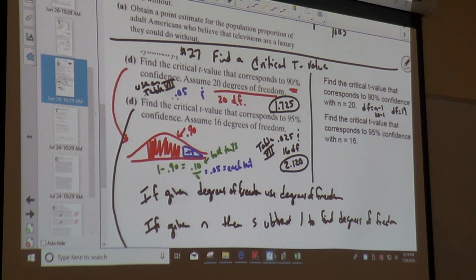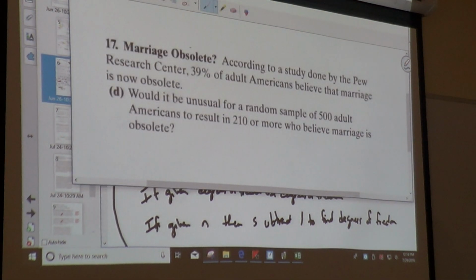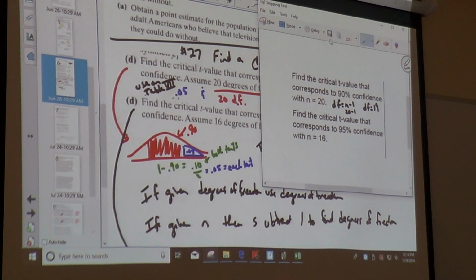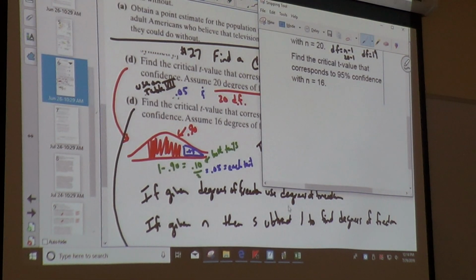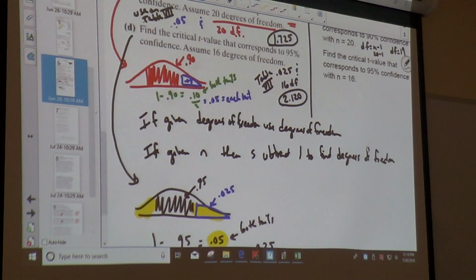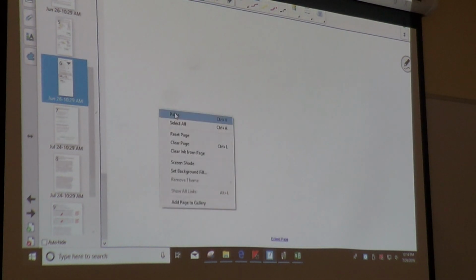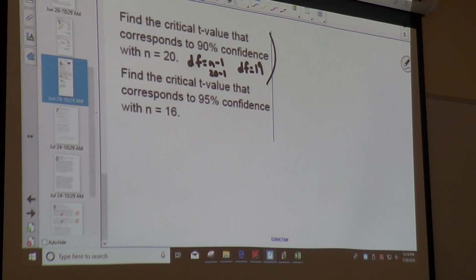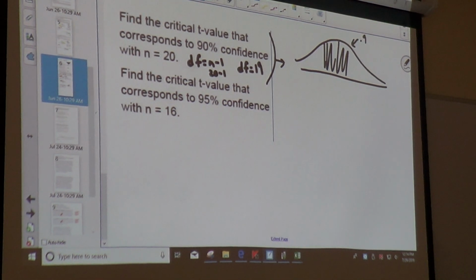Let me copy and paste and put that a little bit lower. So if I'm doing this one, I've got my 90 in the middle. I do the 1 minus the 0.9, which is 0.10, which is both tails.